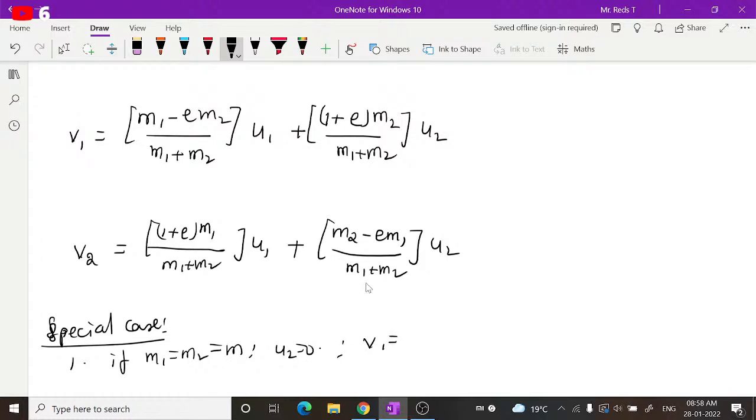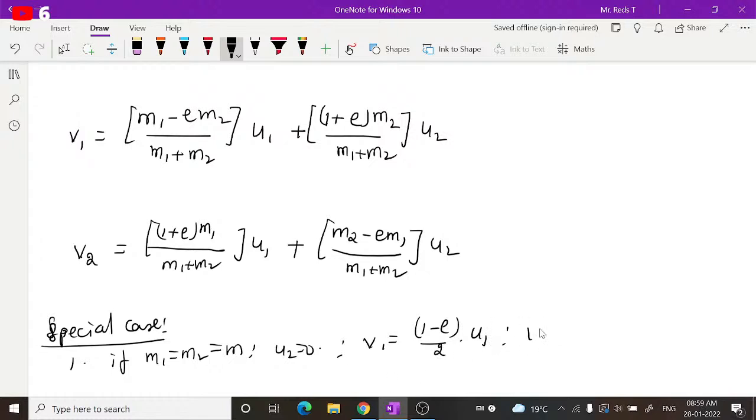M1 equals M2 and U2 is 0, so the U2 term becomes 0. Then M minus EM by 2M, M cancels, and we get (1 minus E) by 2. So V1 is equal to (1 minus E) by 2 into U1.